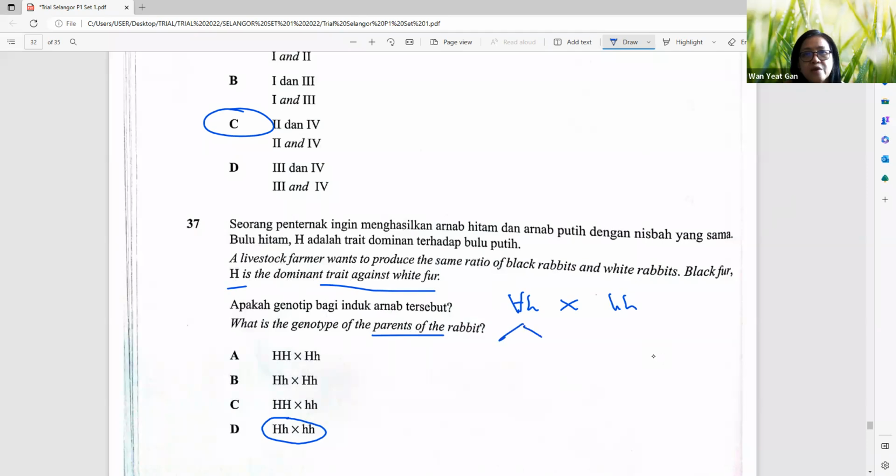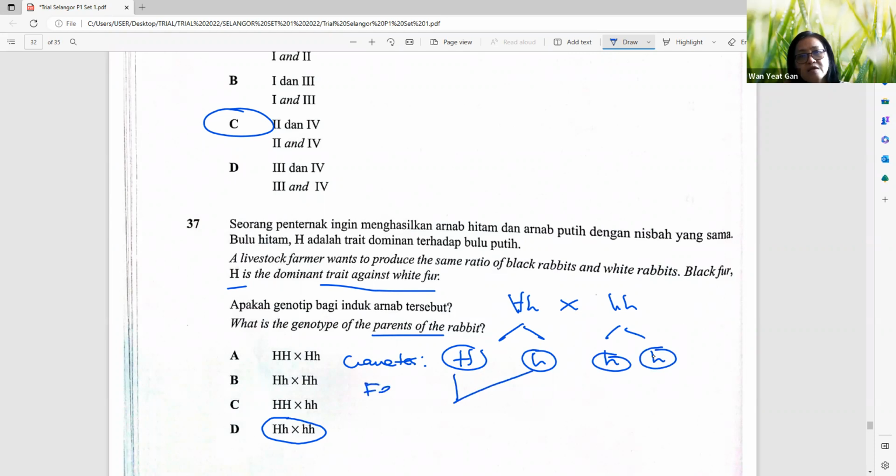This one will produce H gamete. This one HH, only one type. Then you have the fertilization. Here is meiosis. So you will get Hh. Then this one and this one you'll get hh.